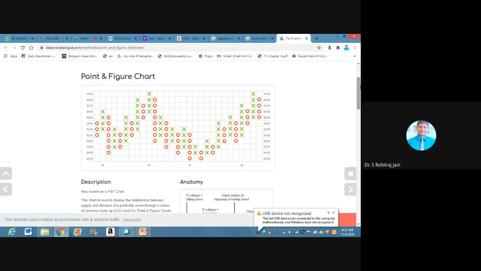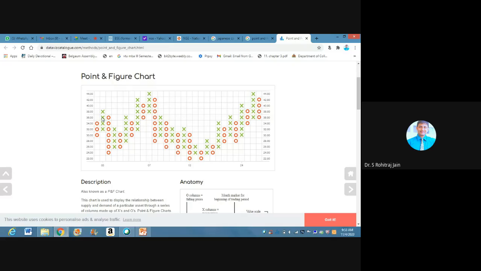Instead, remember this, students, the important difference here: the point and figure chart plots price against the changes in direction by plotting a column of X. Watch my cursor here, X. So what does this X indicate?